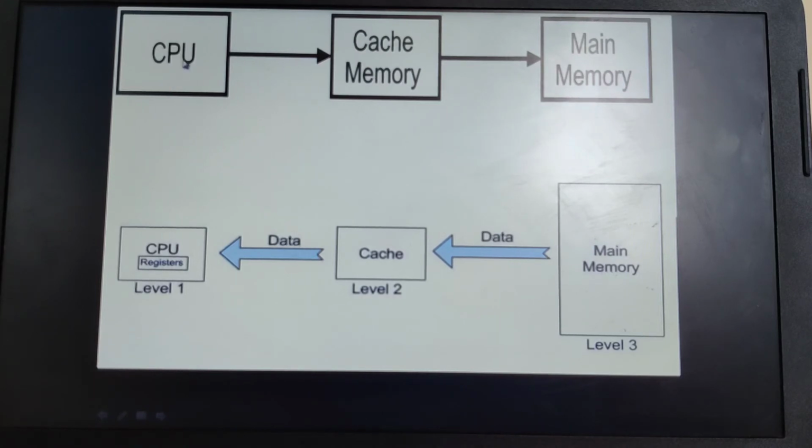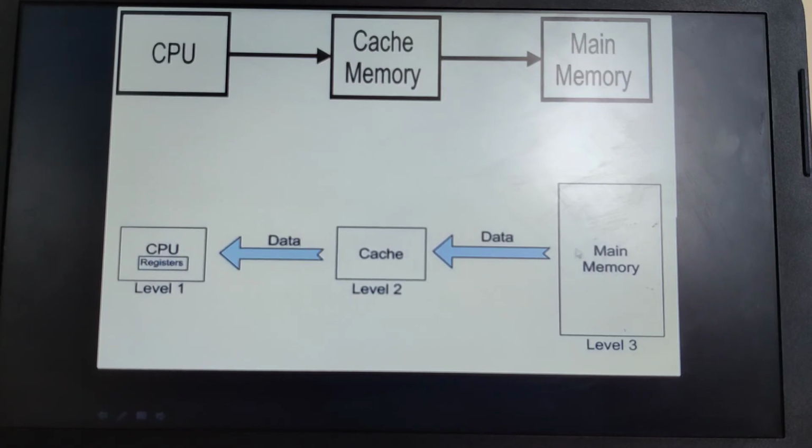During processing, the CPU first checks the cache memory for the required data. If it is not found, then it looks in the main memory, the RAM. Whenever the RAM replies with the data or instruction, it has to pass through the cache, and the cache forwards the data at a faster rate to the CPU.